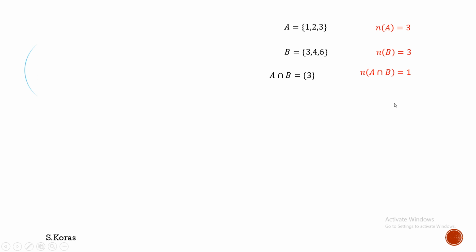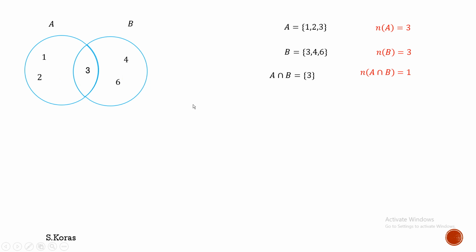Now let's draw this in a Venn diagram. This is our first disjoint set, that is only A. This is our second disjoint set, only B, and this is common to both the sets, that is A intersection B. So if we split this into three parts, all three will become disjoint.